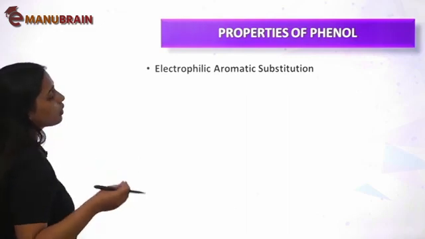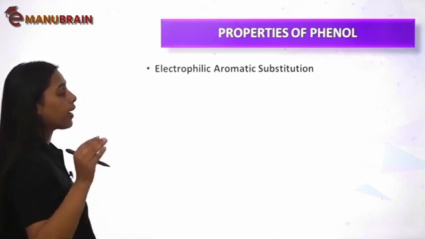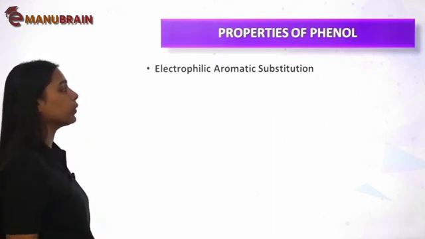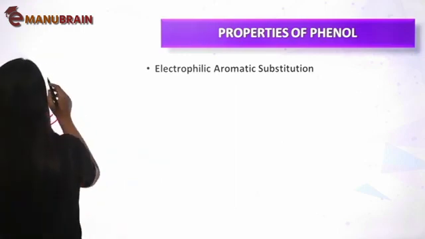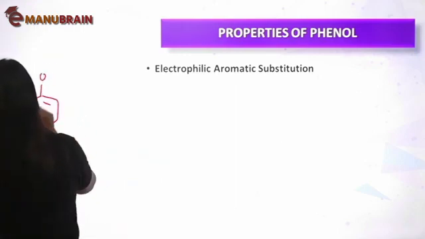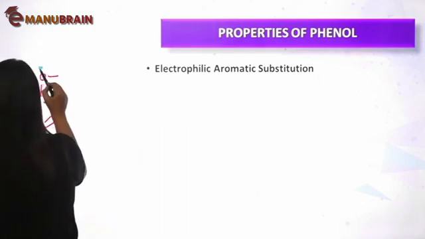So I will show you the electrophilic substitution reaction in phenols, and before that I'll show you the resonance in phenoxide ion, why the electron density is considered more at ortho-para positions.